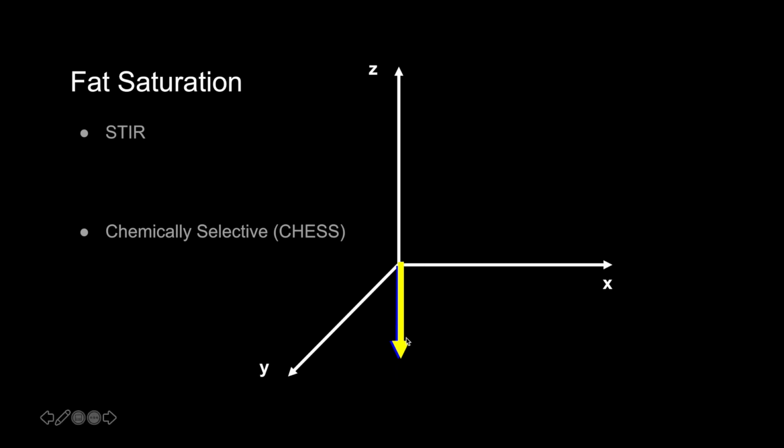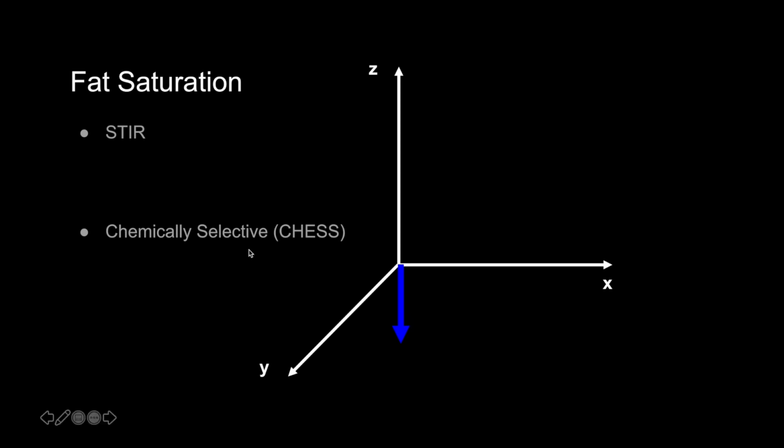In a short amount of time, because fat has a very short T1 relaxation time, fat is going to cross through 0, and everything else is still going to have signal. If we apply the RF pulse at that exact time when fat is crossing 0, then we're going to get signal from everything else, and the fat signal is going to be suppressed as a result. This is how STIR suppresses fat.